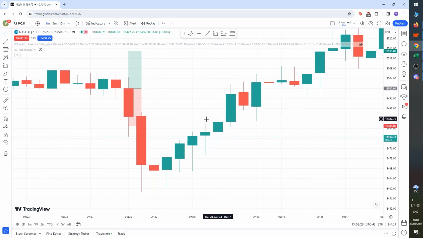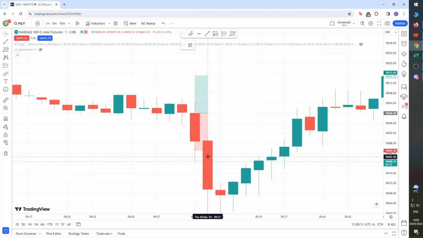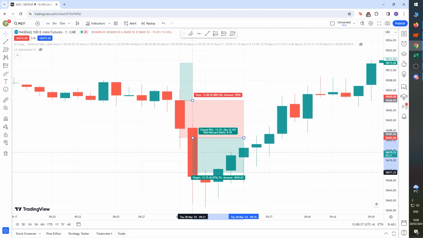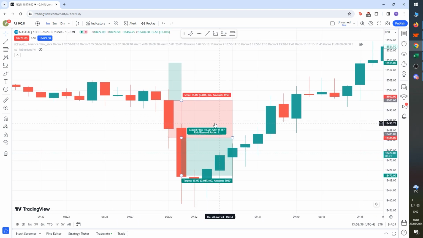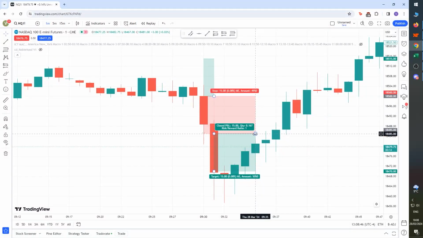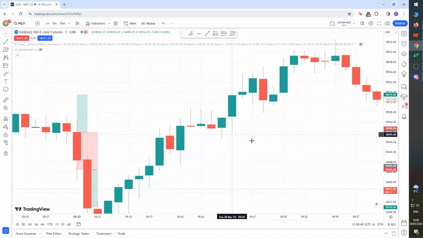Your first trade would be a loss, but this is where your second trade comes in on the hedge, call it 15, 15 with 2 contracts. So that would make you 300, and yeah, that's the basic strategy.